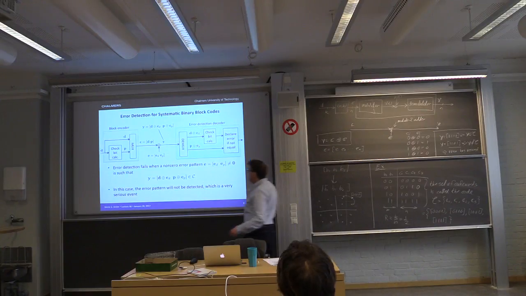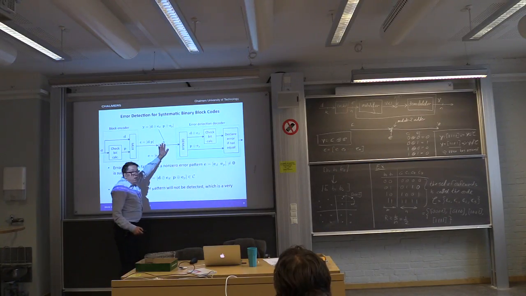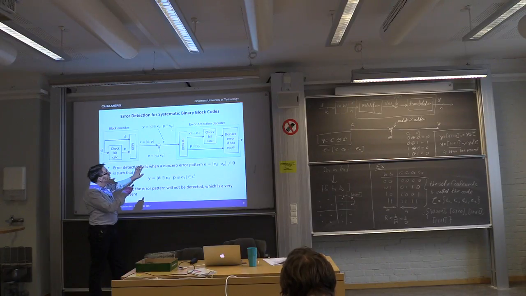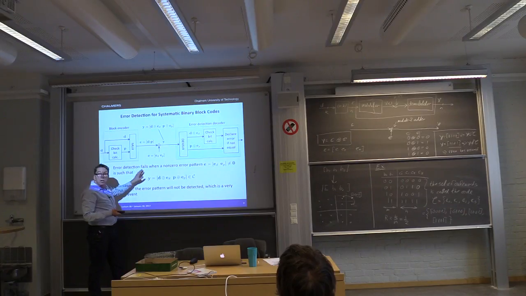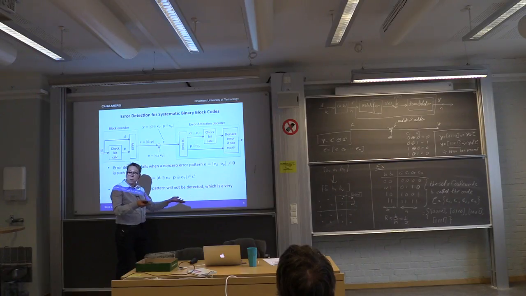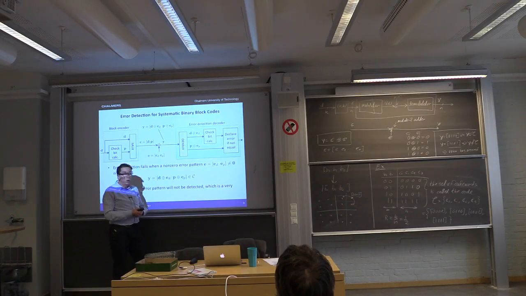So what we do is say, if Y is a code word, then we know that the parity bits correspond to the data bits. So we take the data bits and encode them and see whether those compute the parity bits which correspond to this, and check whether they are the parity bits that we received, because then it is a code word.